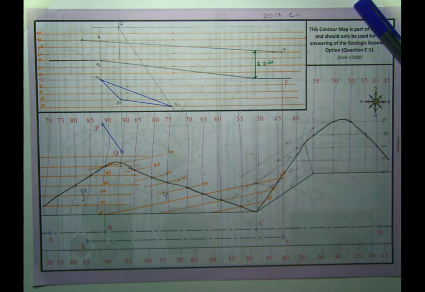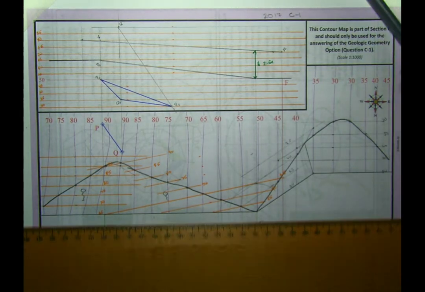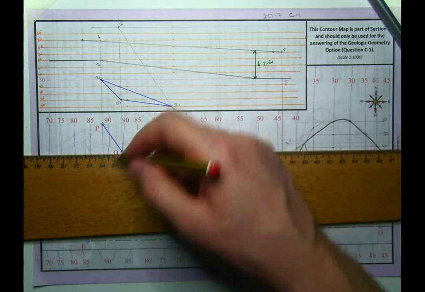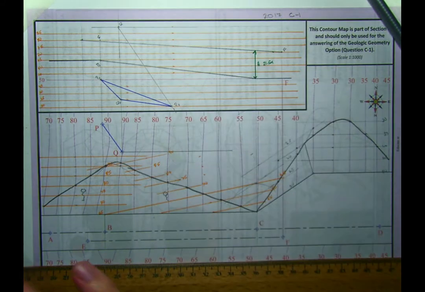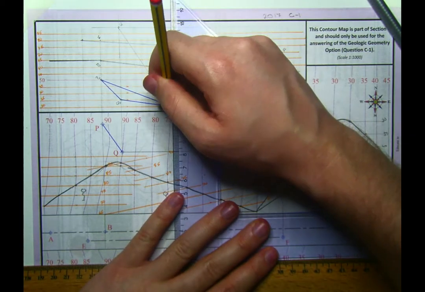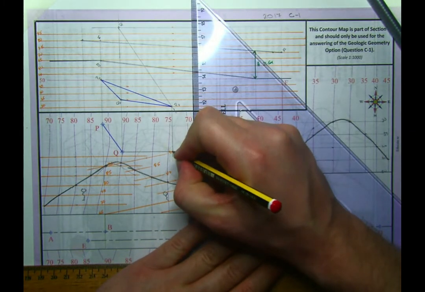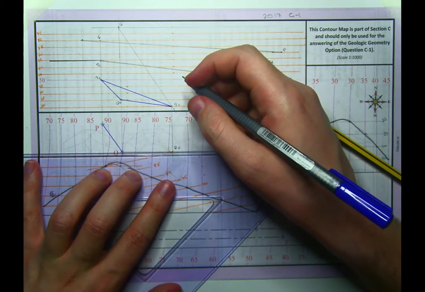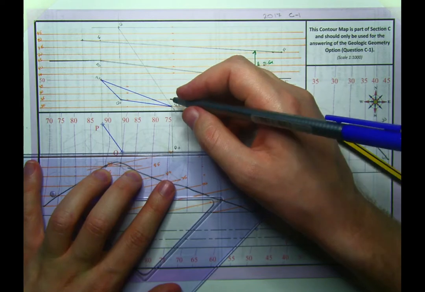So for RH, we need to draw the borehole at Q, drawn in an easterly direction. And we need to locate RH, which is going to be directly below where it is in the elevation. So that's this point here, this is RH. That allows us to draw up the remainder of these.